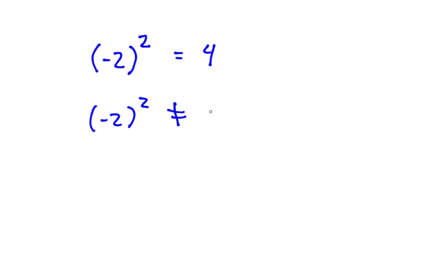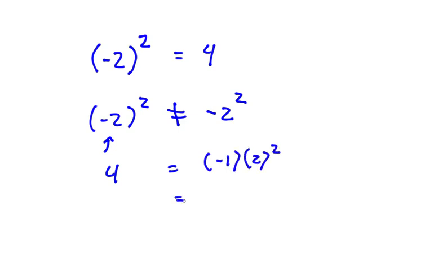Now, an important thing to notice here: if we have something like (negative 2) to the power of 2, we saw just now that is positive 4. But (negative 2) to the power of 2 is not equal to negative 2 power 2 without the brackets. Over here on the left, it becomes negative 2 times negative 2, giving us 4. But over here on the right, it's like negative 1 times 2 to the power of 2.